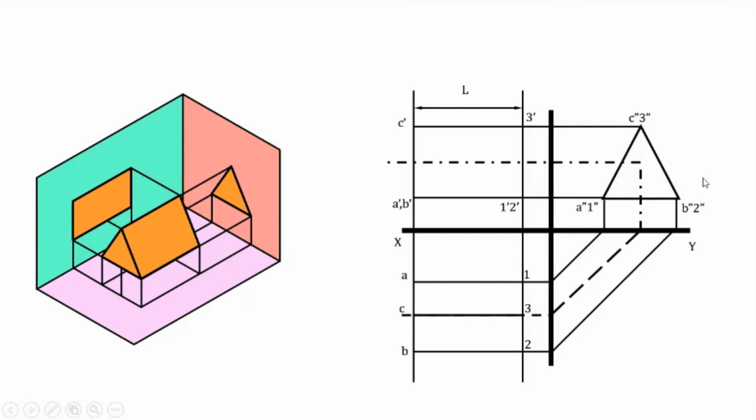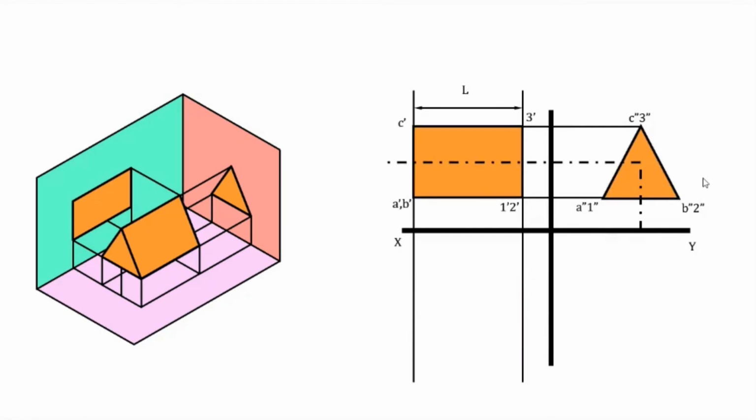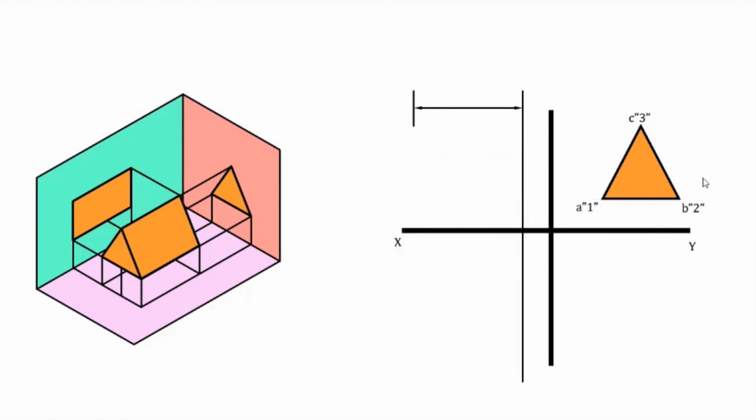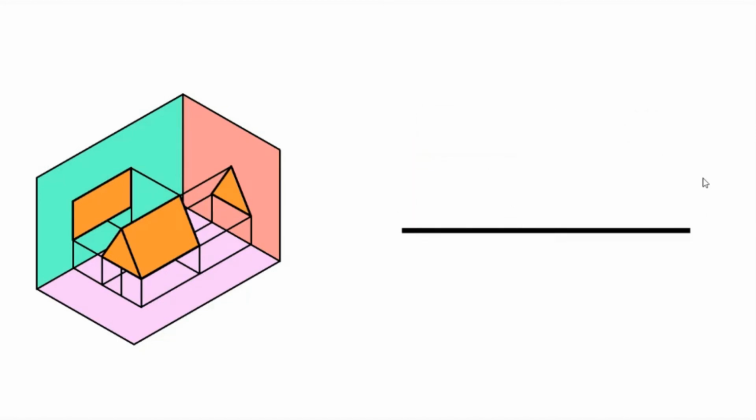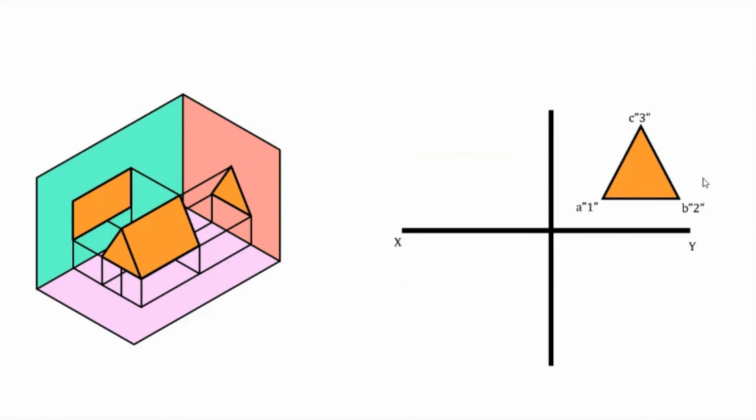So once again, I will show you how to draw it. First the XY line, then the X1Y1 line, then the triangle to represent the side view, A double dash 1 double dash, B double dash 2 double dash, C double dash 3 double dash.